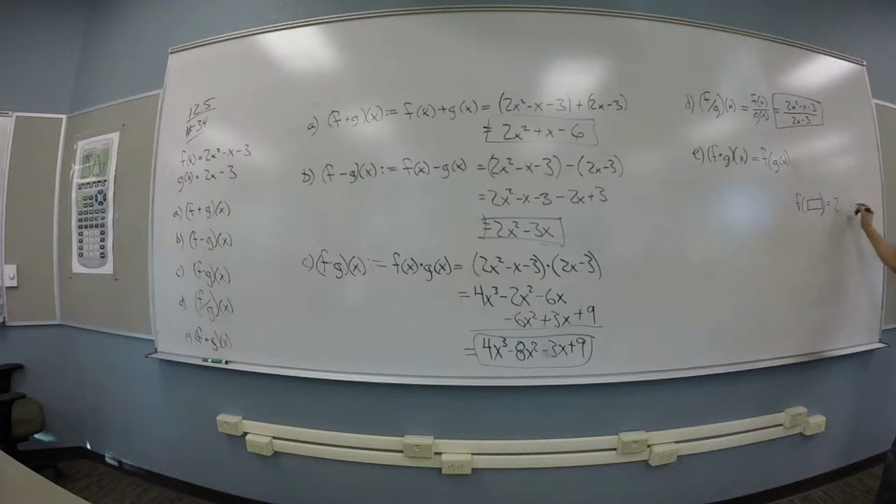So this would be 2 times whatever's in the box squared minus whatever's in the box plus 3, right? Literally all I did here was take the rule from over there and swap all the X's for boxes.